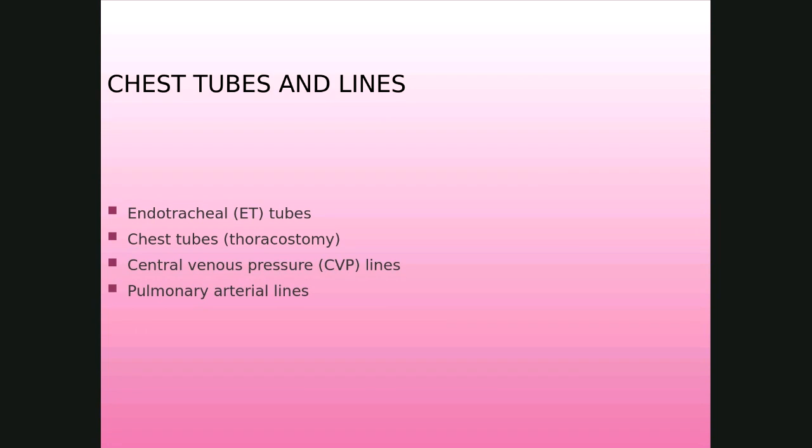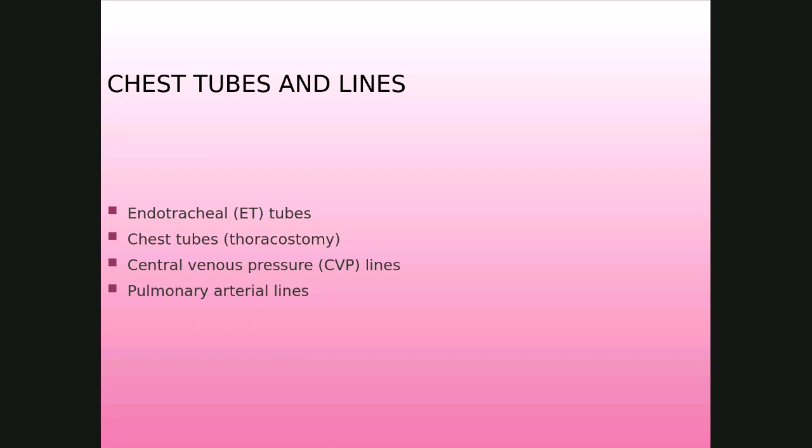Meaning, once a physician or respiratory or someone places a line, they're going to ask for radiographic confirmation that that line is in the proper place. Now, how does that work? Typically, these lines and tubes have a very thin piece of metal that outlines the placement area so that it can be visualized on a radiograph.